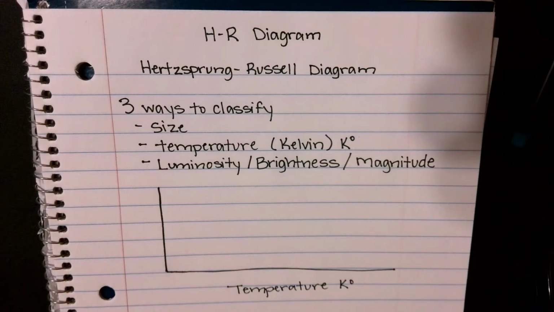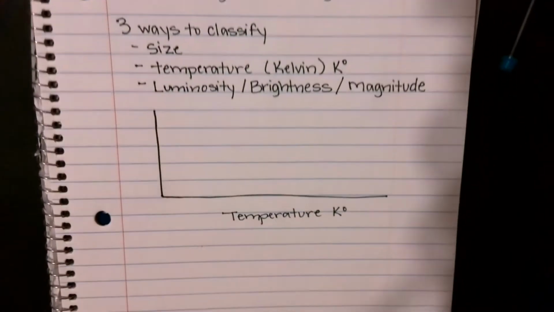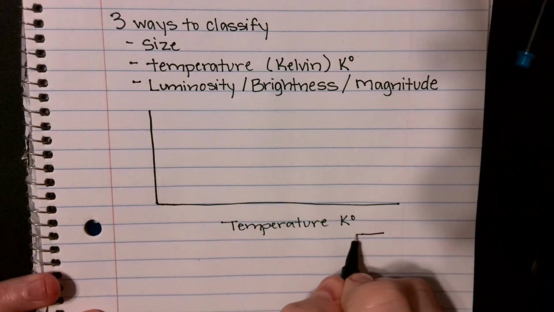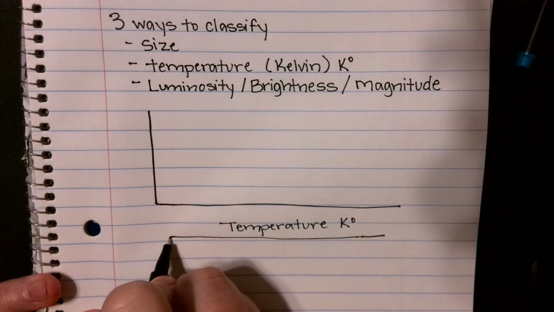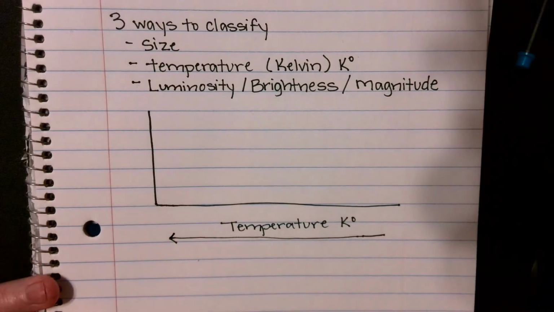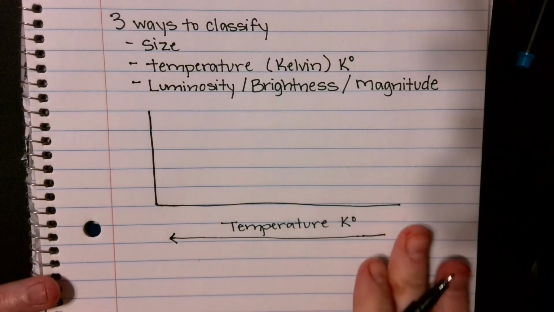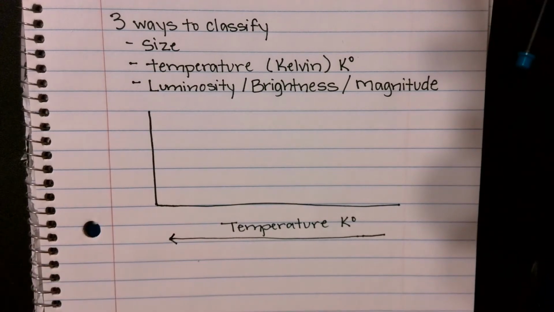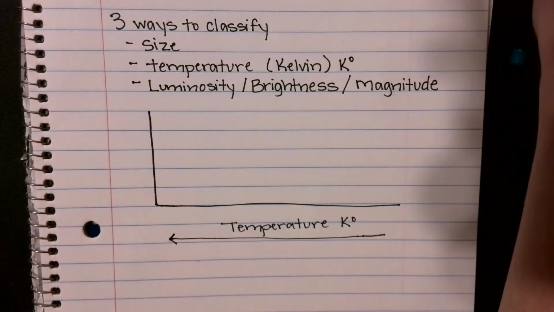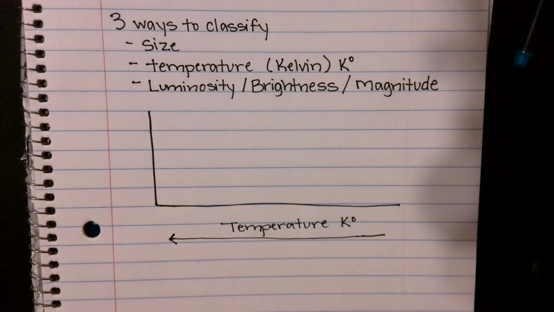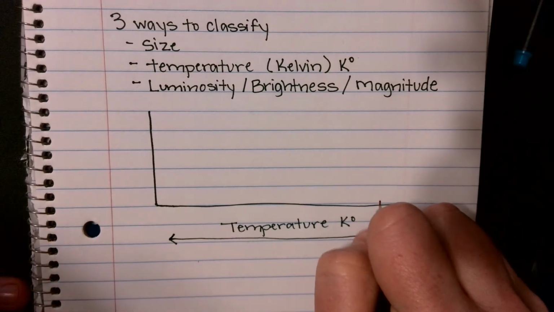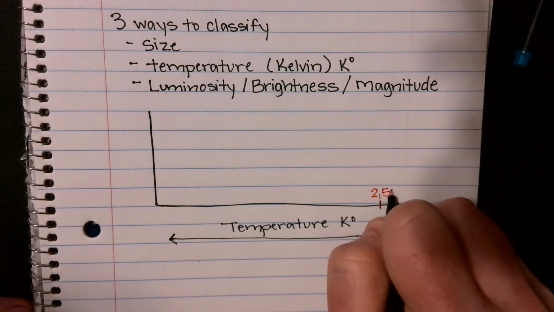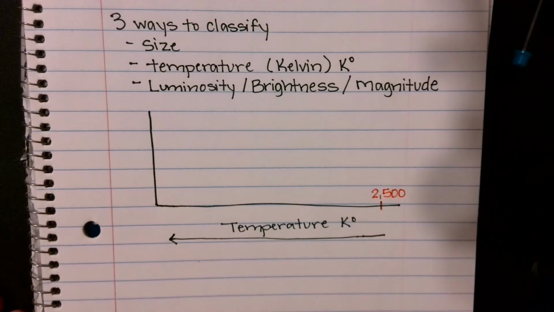There is something that's super strange about temperature on these graphs. And it's actually that it goes backwards. Our temperature actually starts from the coldest to the hottest over here. So when we're looking at that temperature, we're going to start at some of the coldest temperatures for stars, which are going to be about 2,500 degrees Kelvin.